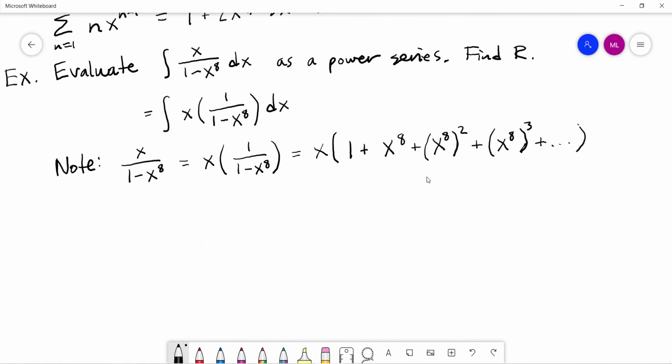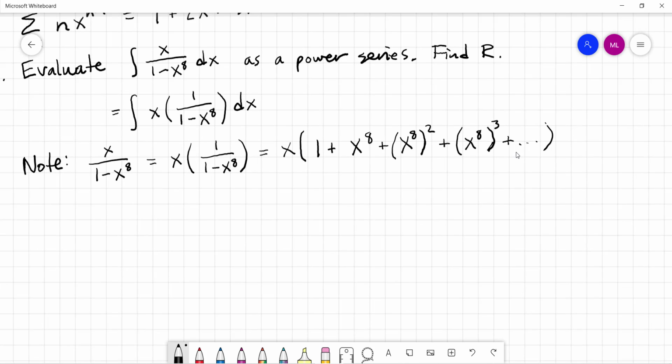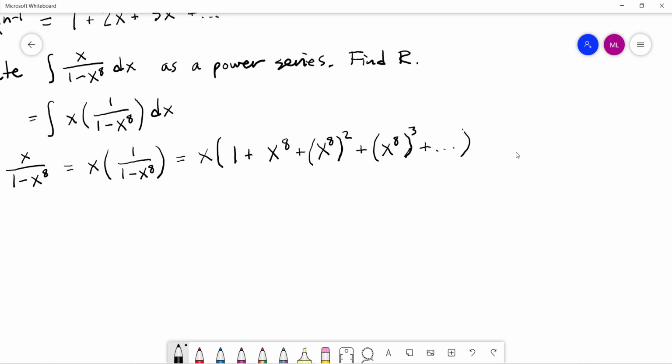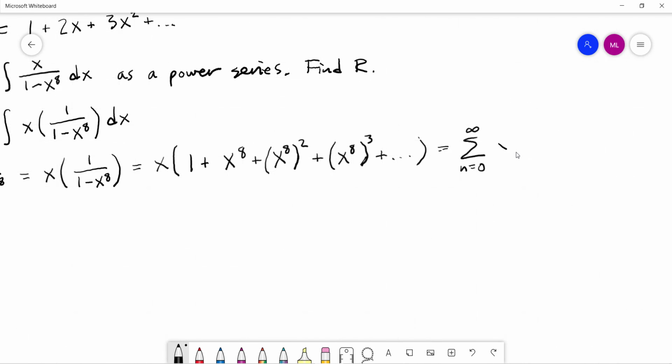You can think of this power series representation as looking like this. What is that equivalent to? Well, that's going to be simply the sum from n equals 0 to infinity of a factor of x times our x to the 8th to the nth. Right? That's what this thing winds up looking like.